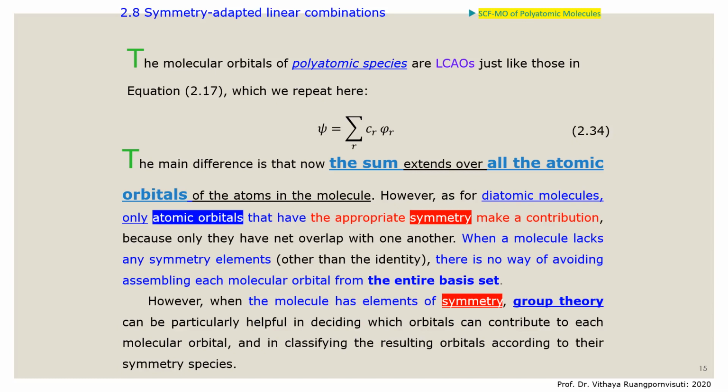The molecular orbitals of polyatomic species are LCAOs, just like those in equation 2.17, which we repeat here as the linear combination of atomic orbitals equation shown below: psi equals the summation over r of c_r multiplied by the orbital phi_r.